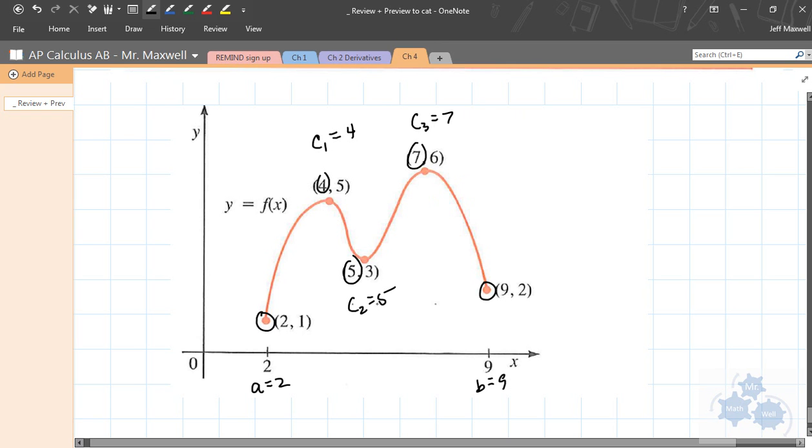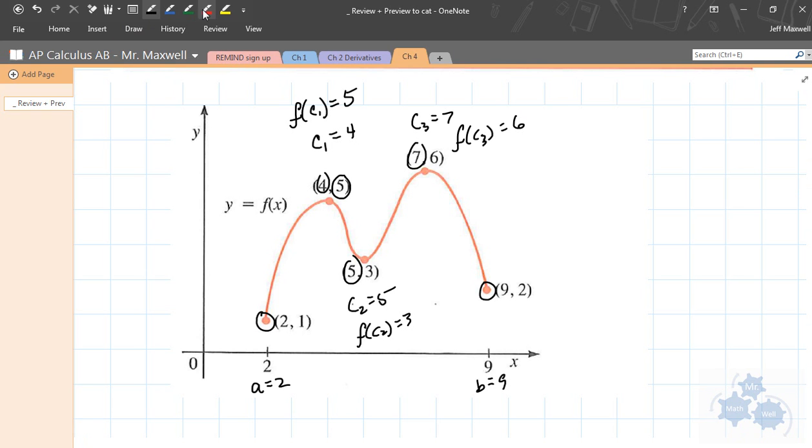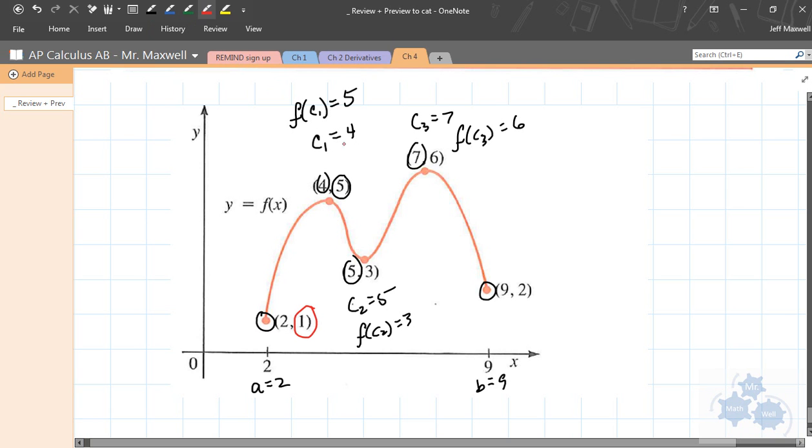And so you evaluate f of c1, put it in the function, and here it is 5. And so on. F of c2 is 3. F of c3 is 6. So then you consider all of these y values, and whichever one is the largest is the max.